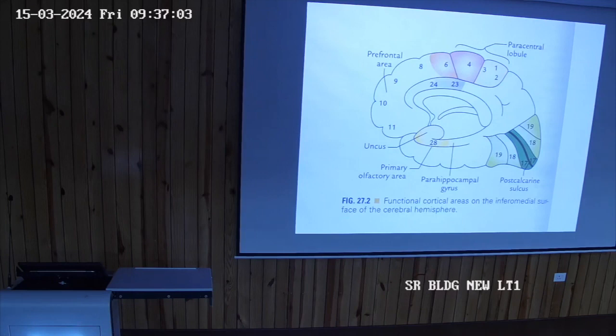And this area is also related with the limbic system. Because of that, it is also responsible for the personality and behavior of the person. So area number 9, 10, 11, the prefrontal area, is responsible in a normal person for all these things.